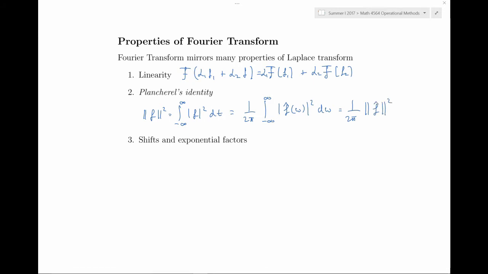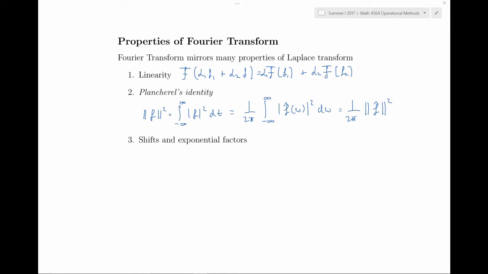In a way, what this tells us is that the norm of the function is the amount of energy stored in the function. So if we talk about a function of time f of t, and we talk about the Fourier transform f hat of omega, then both of those functions have a similar energy stored in them.